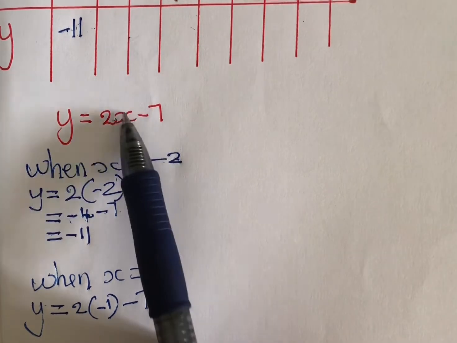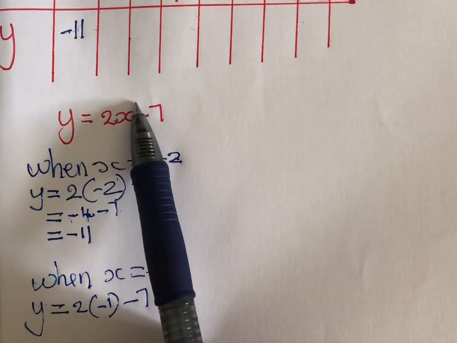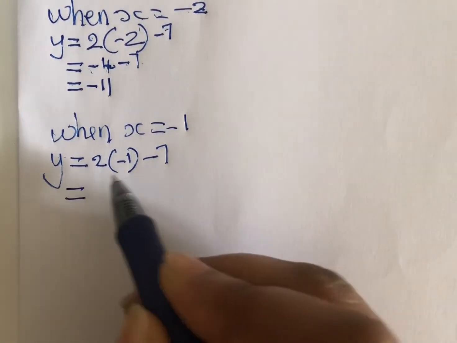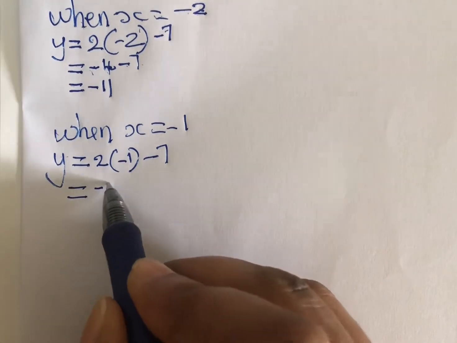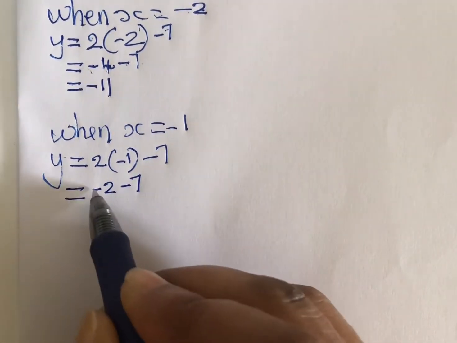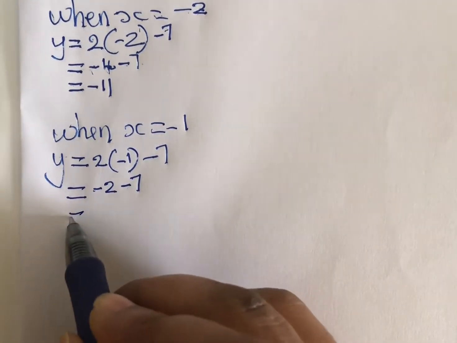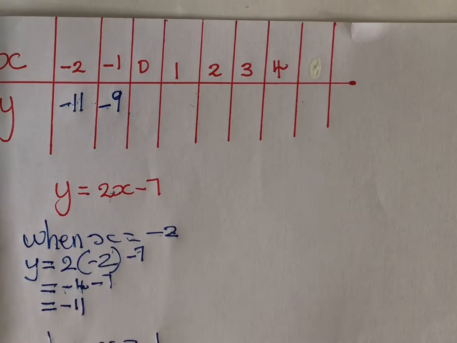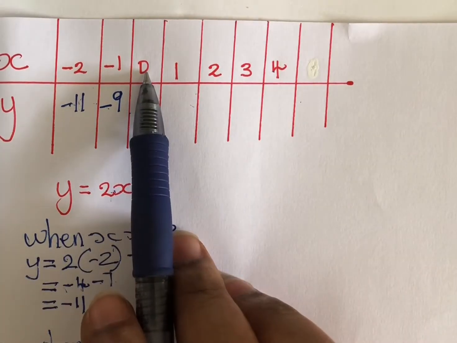So we are substituting it into that equation for the linear graph, the straight line graph. So let's go. 2 times -1 is -2. -2, -7 gives us -9. So I can substitute this into my table.